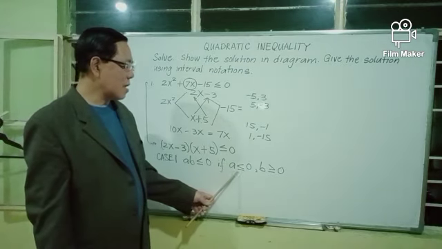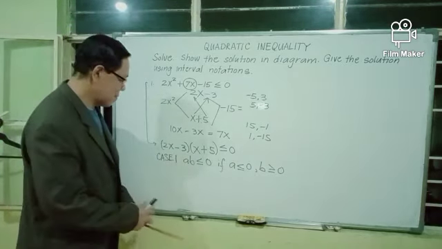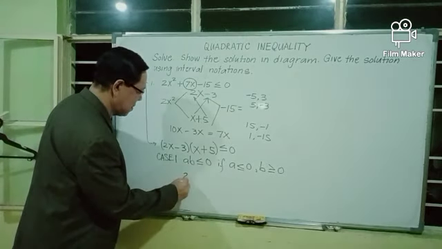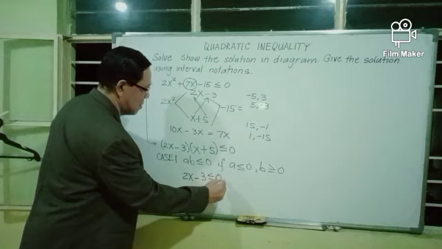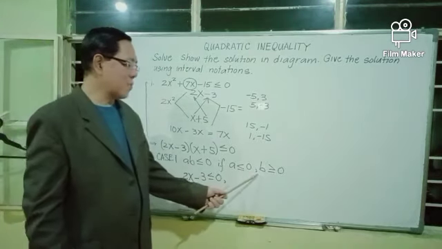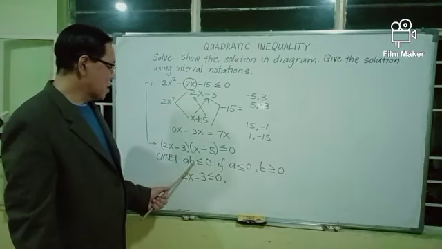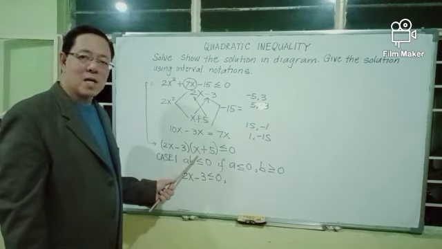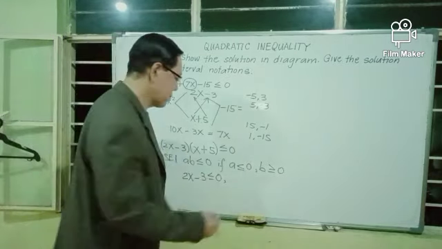We take A less than or equal to 0, where A is 2x minus 3, and the second factor B, we take as greater than or equal to 0, where B is the second factor, x plus 5, greater than or equal to 0.